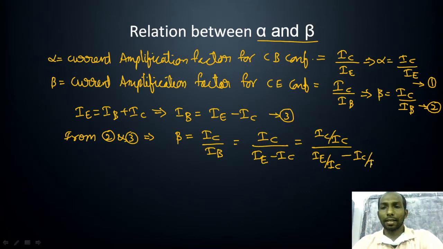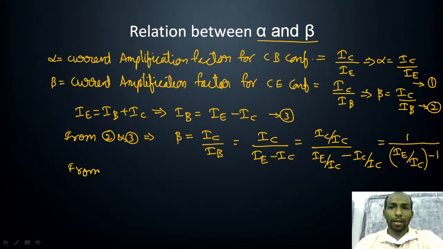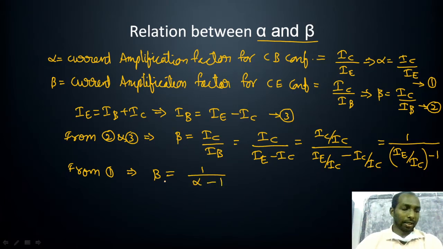IC by IC gets cancelled, you are left with 1, and IE by IC is equal to 1 by alpha from equation 1. So beta is equal to 1 by (1 by alpha minus 1).